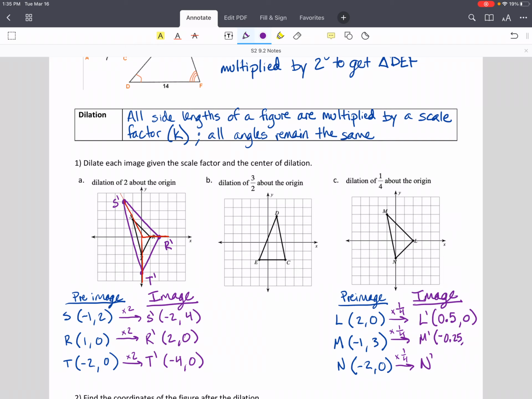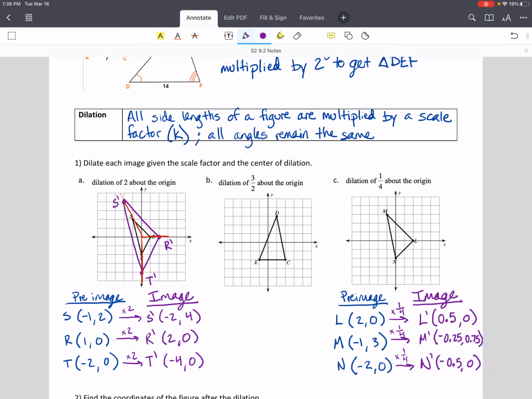And then 3 times 1/4 is something I should know off the top of my head, but I don't at the moment. So there's no shame in typing something in your calculator. 3 times 1/4 is 0.75. Oh, yeah. Okay, and the last one, negative 2 times 1/4 is negative 0.5, and then 0.